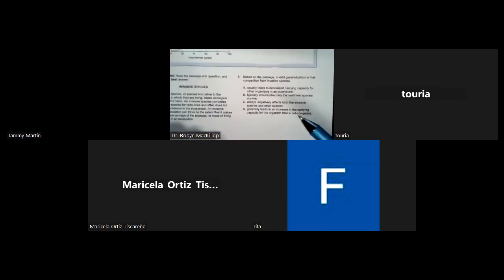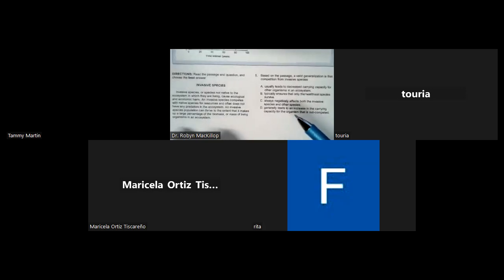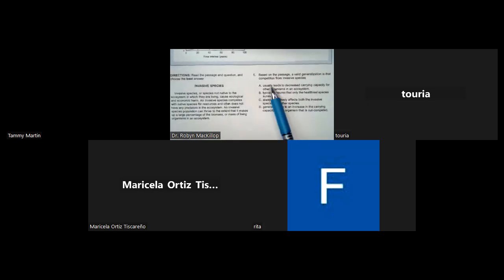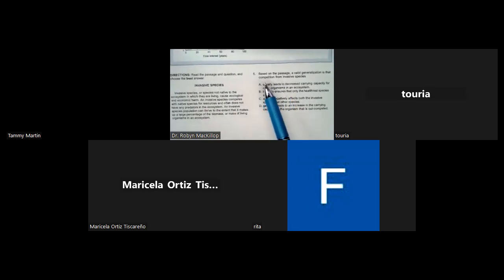So the last question, invasive species. Based on the passage, a valid generalization is that competition from invasive species, we're probably going to have to read. So invasive species that are not native to an ecosystem in which they are living cause ecological and economic harm. Invasive species compete with native species for resources and often do not have any predators in the ecosystem.